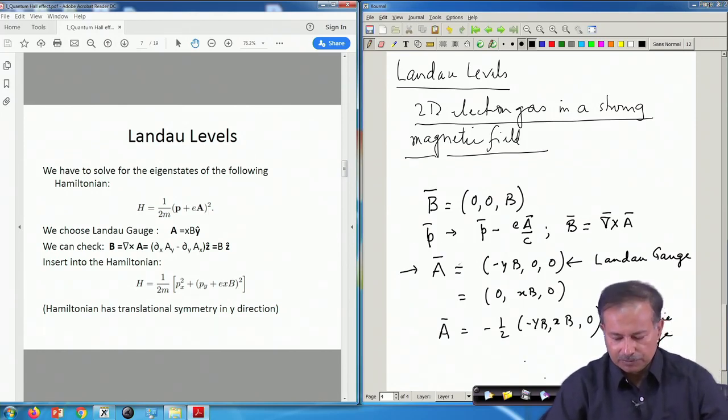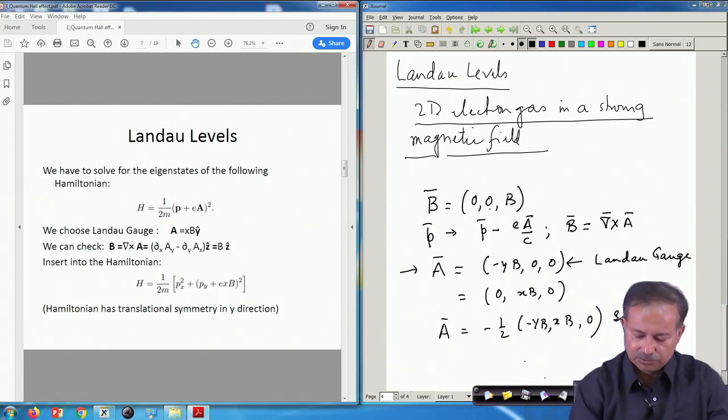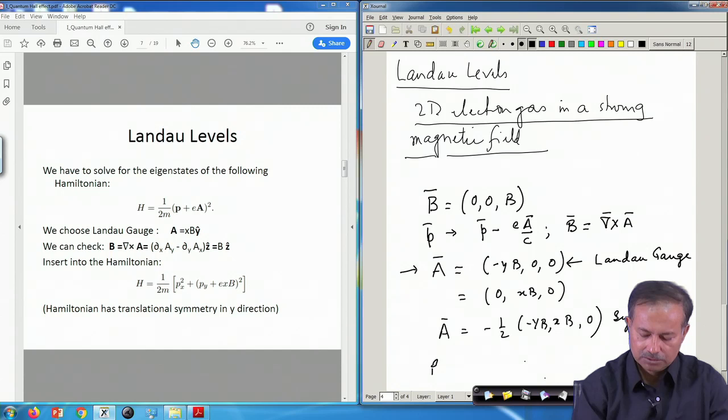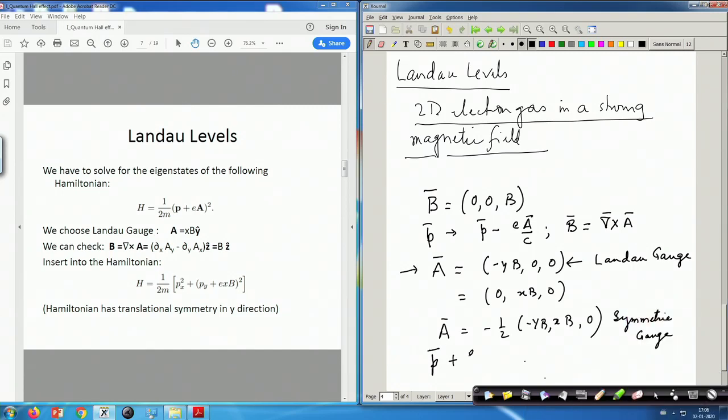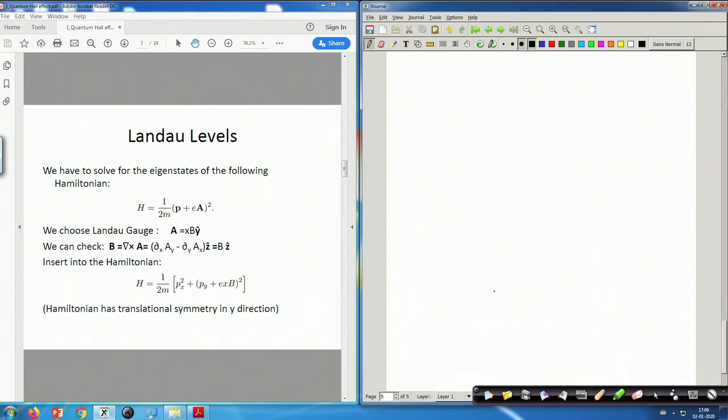So, if you do this, then the way to do it now is P. Now the charge is negative, so P plus e A by c. For P, you replace minus i h cross grad. So, if you do that, then of course, you will get back your Schrodinger equation. That is what the Schrodinger equation will look like now.